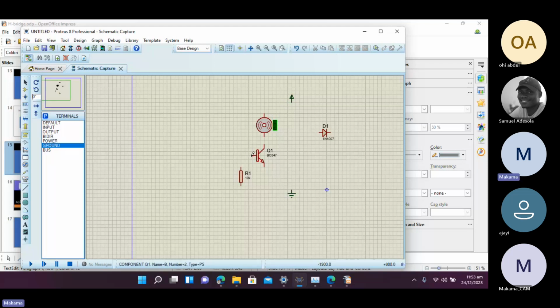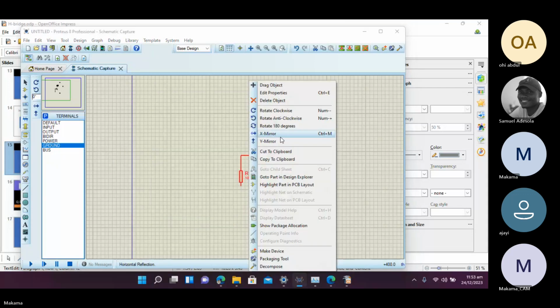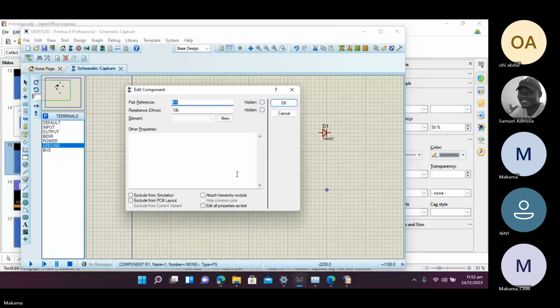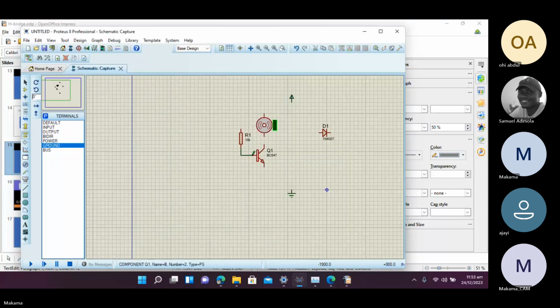Now this is the best way to connect. Sorry, it's not going to be like this. Let me rotate it. Okay, I don't need to rotate it. I just need to delete this.